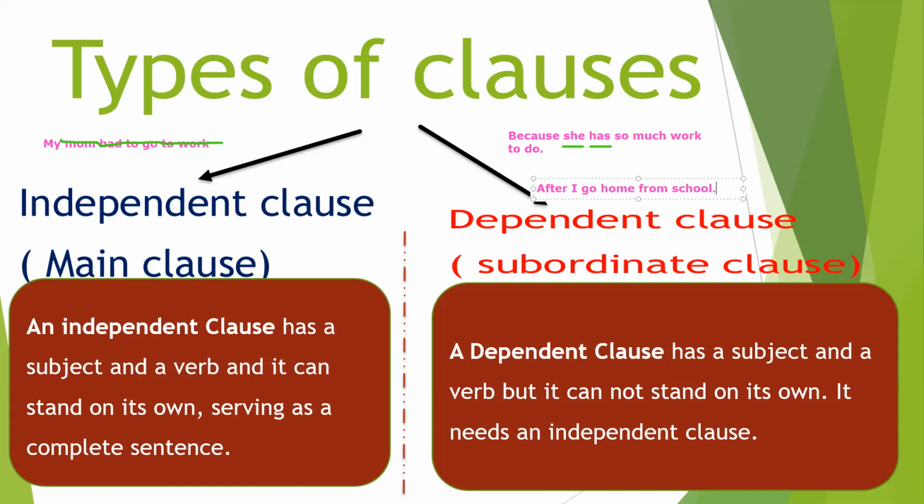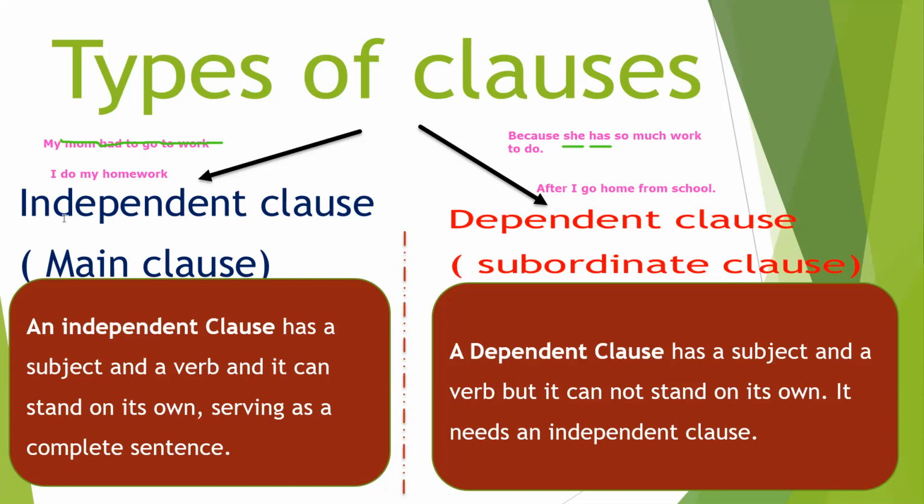So it's dependent because it needs, as we mentioned, an independent clause to understand its meaning. So the dependent clause depends on the independent in order to understand its meaning. For example, I do my homework after I go home from school, right? So I do my homework is an independent clause that can stand alone.